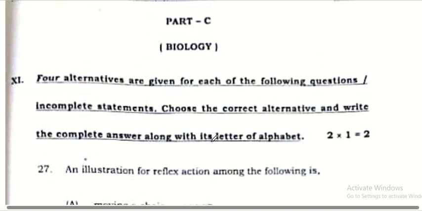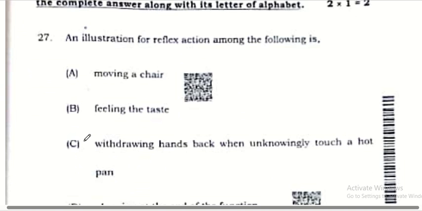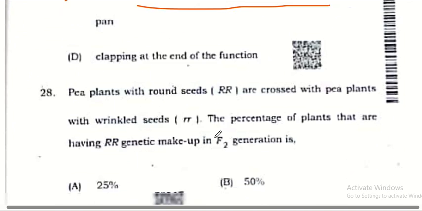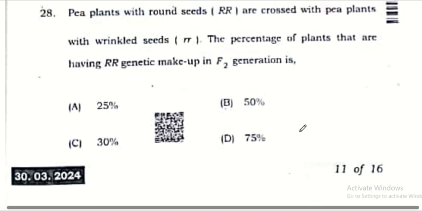So now we are moving to the biology part. An illustration of reflex action among the following is withdrawing the hand when unknowingly touching a hot pan. Next, pea plants with round seeds are crossed with pea plants with wrinkled seeds. What is the percentage of plants with RR genetic makeup in the F2 generation?